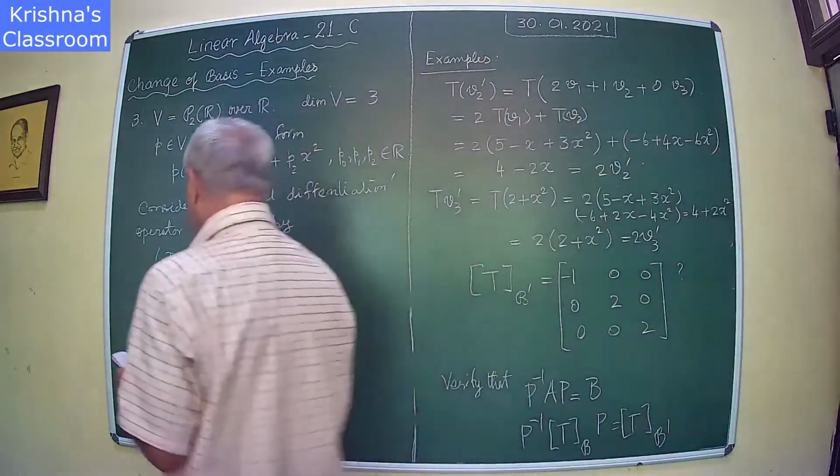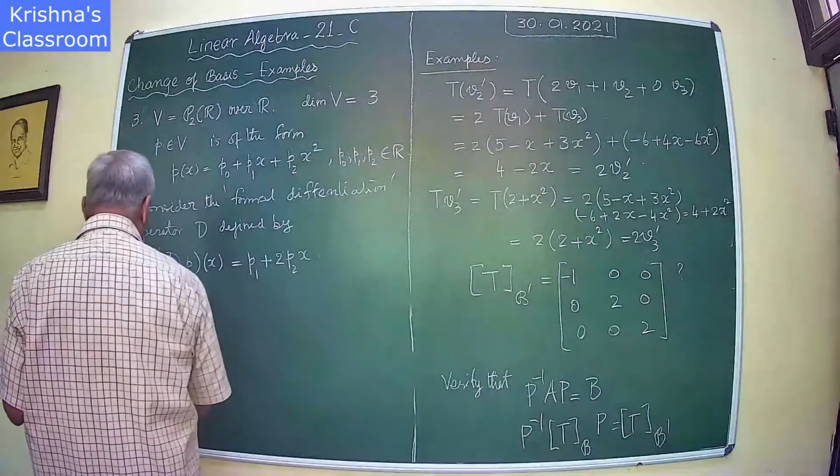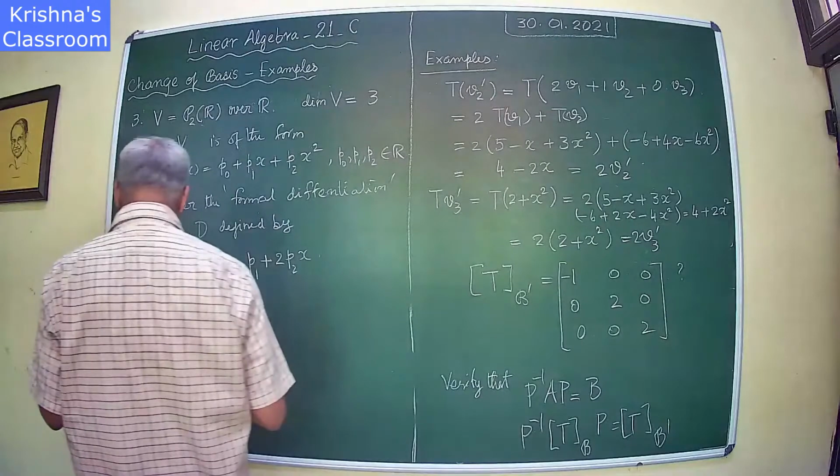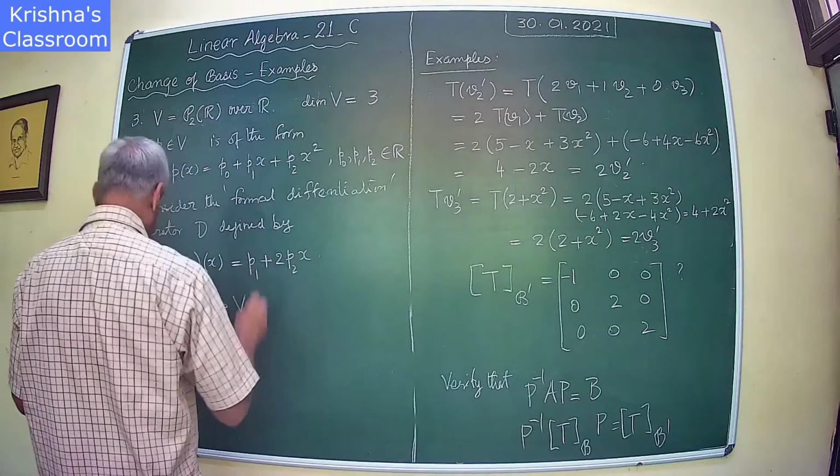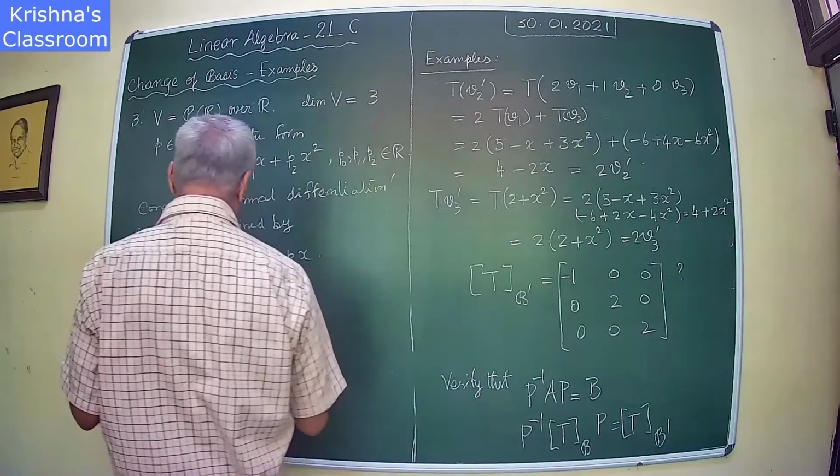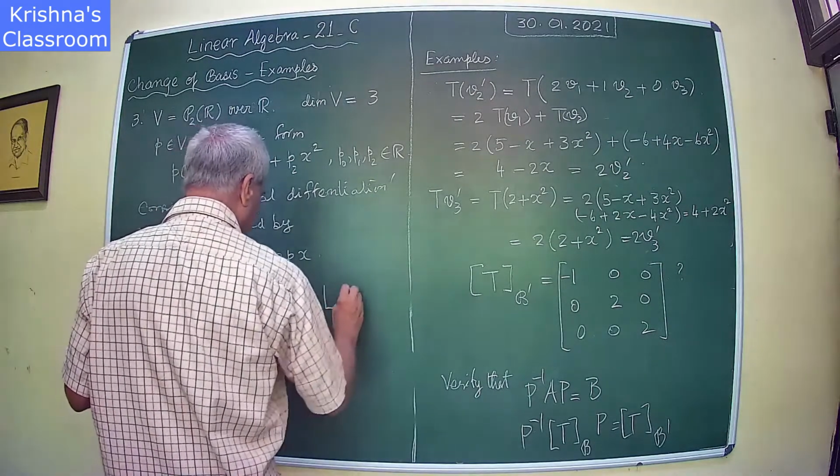Now D is a linear transformation from the space to itself, and of course D belongs to the space of linear transformations.